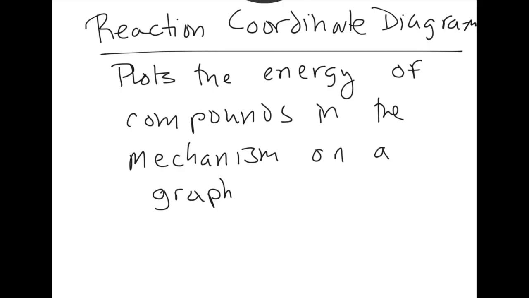So a reaction coordinate diagram is going to plot the energy of compounds in the mechanism on a graph. And this graph gives us insights into the rate of the reaction and the energetics of the reaction, right?